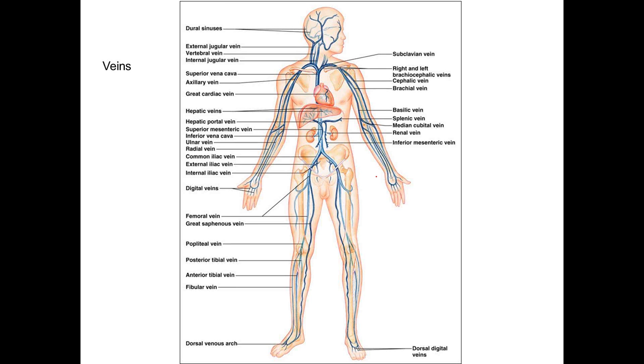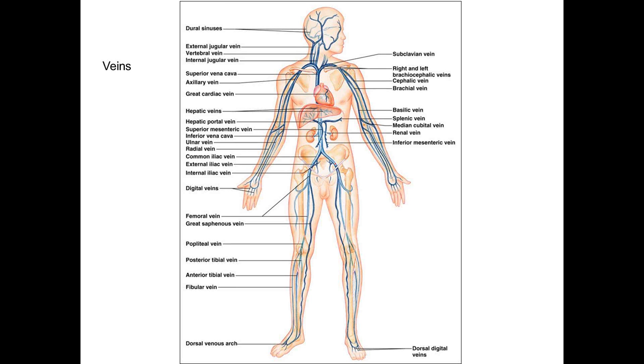Now, veins are different from arteries in one other important way, and that is that veins, being responsible for the return of blood under a lower pressure than arteries, need mechanisms to stop blood flowing backwards, because there is little pressure to help push the blood forwards.